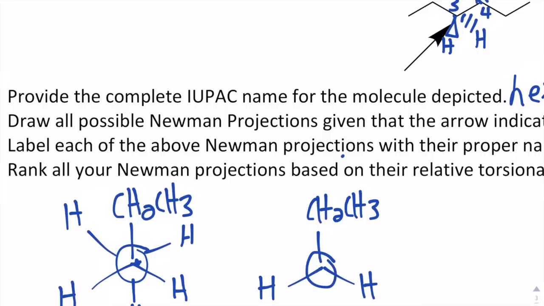If I were to rotate that back carbon 60 degrees, the substituents would look something like this. That would be the result of a 60-degree rotation around this back carbon. So if I take this group and move it 60 degrees, this would be the result.